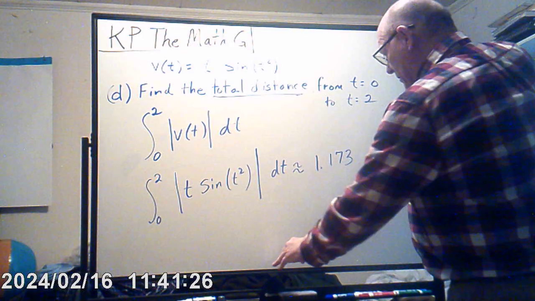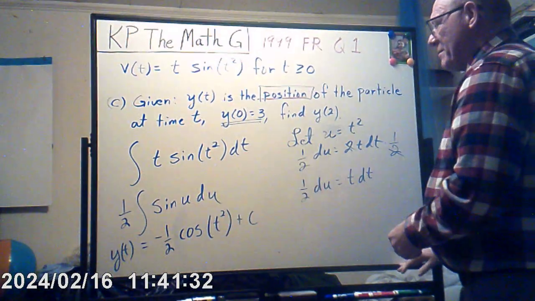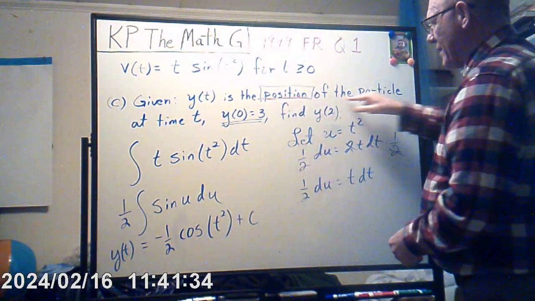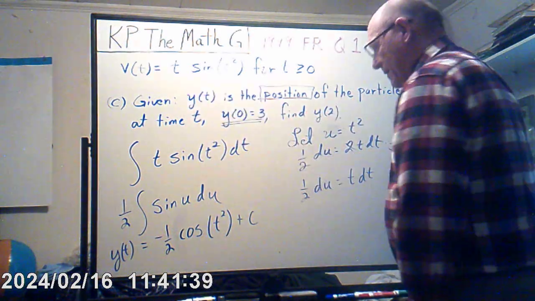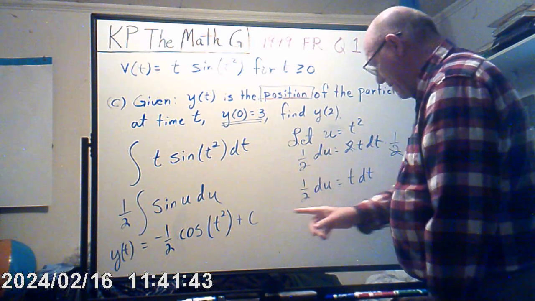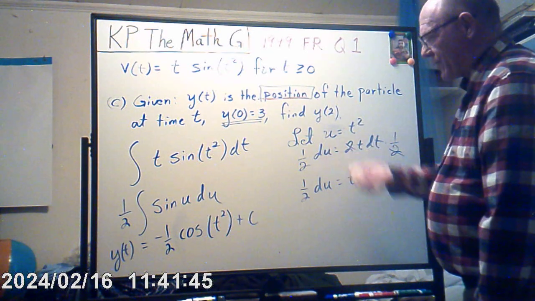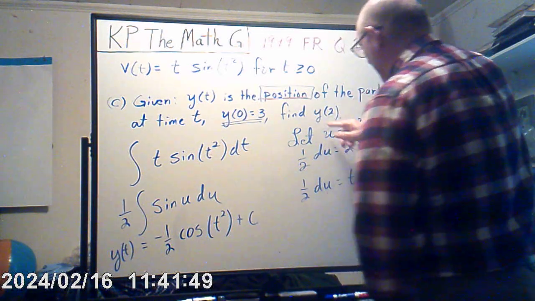So, in conclusion, we had to find the position. We had to find out what y at t was. Once we put in that initial condition, we found out that c was 3.5. We plugged that in and then found y at 2.